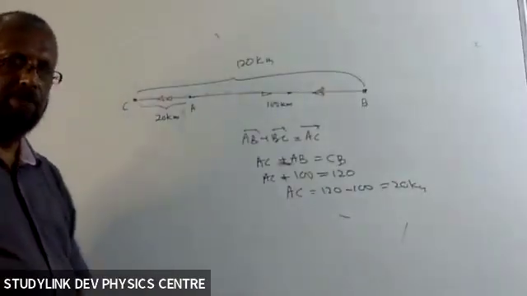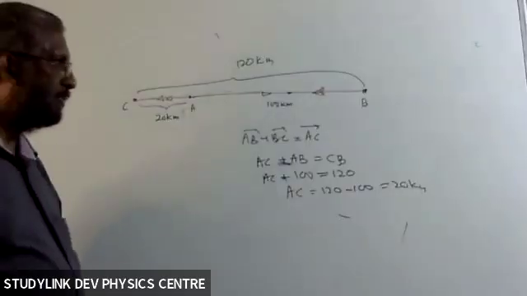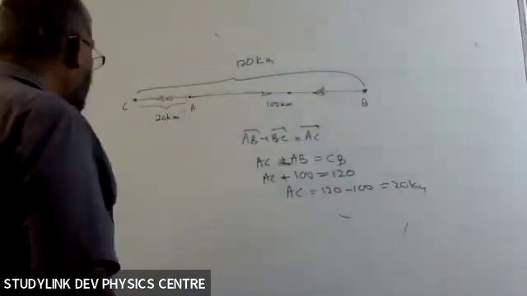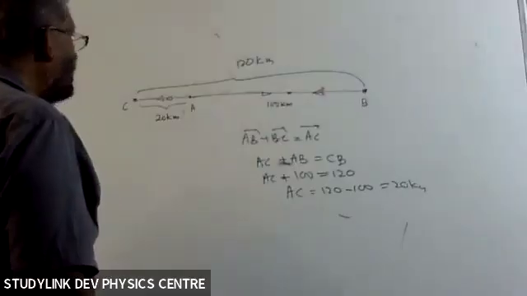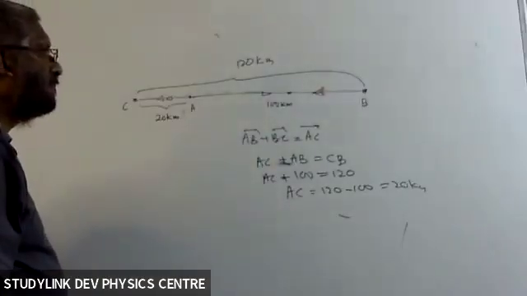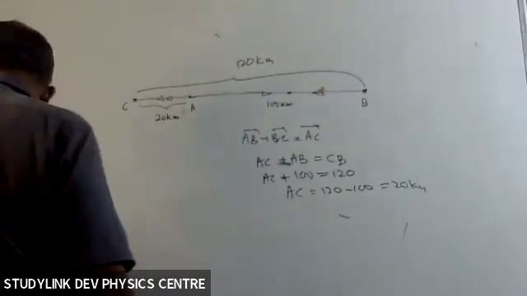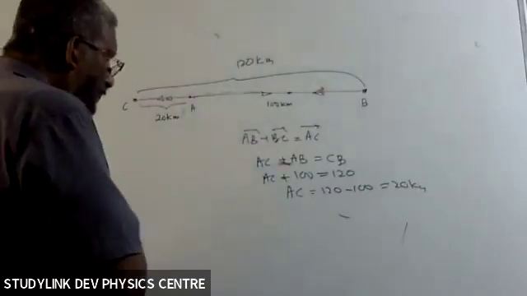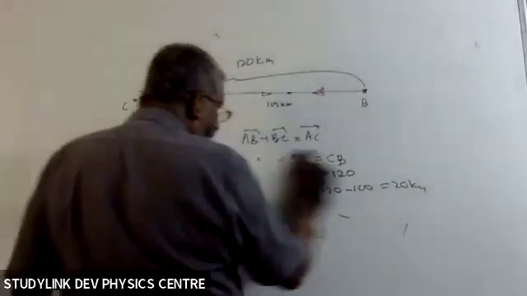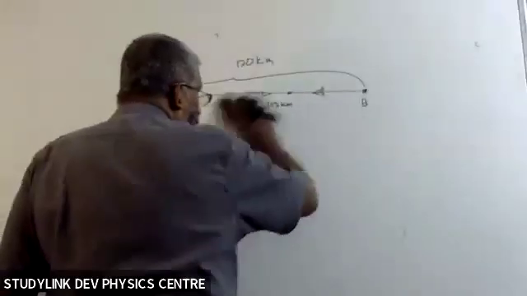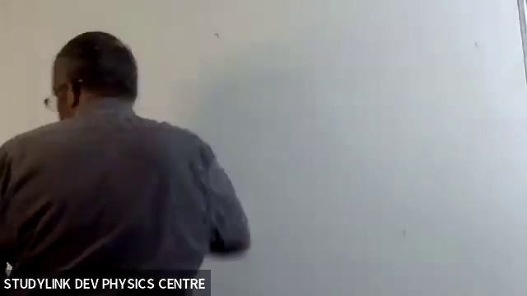Right. Now, another question. A car travels towards north 40 kilometers. A car travels towards north 40 kilometers.